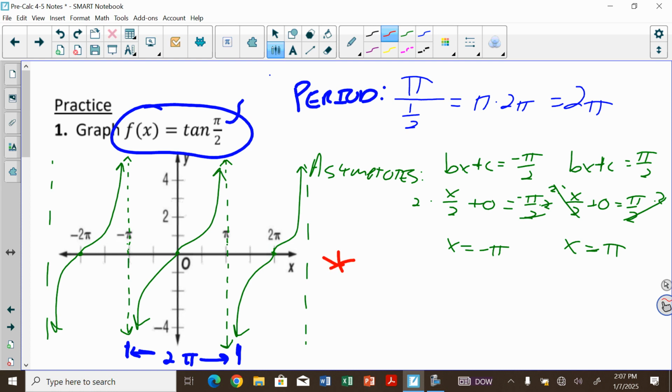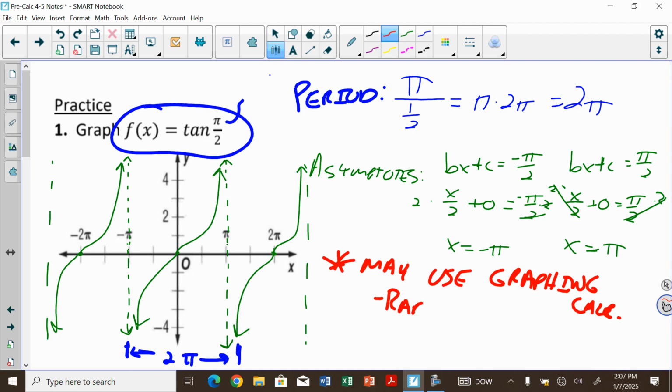Remember, you could use a graphing calculator or Desmos or something like that. When we graph sine and cosine, I like us to figure it out on our own, but with this, it's okay to do that. Just make sure that you're in radian mode if you do that.